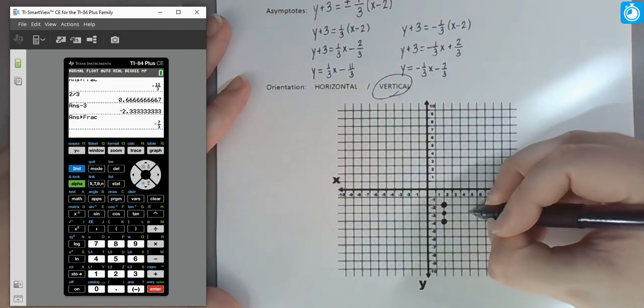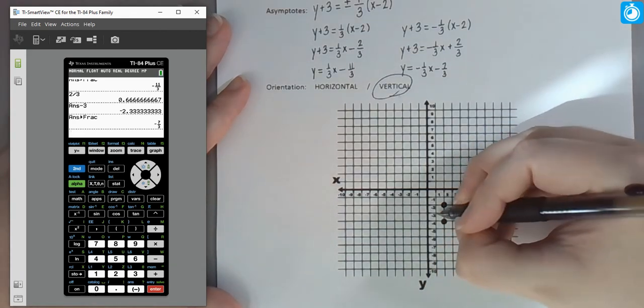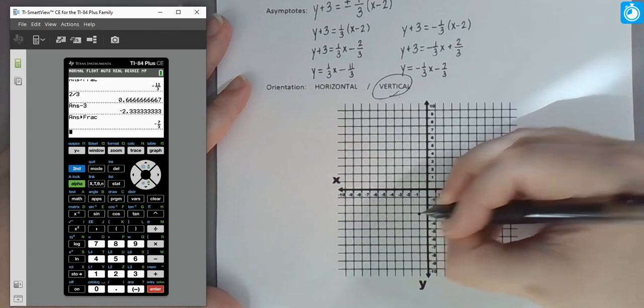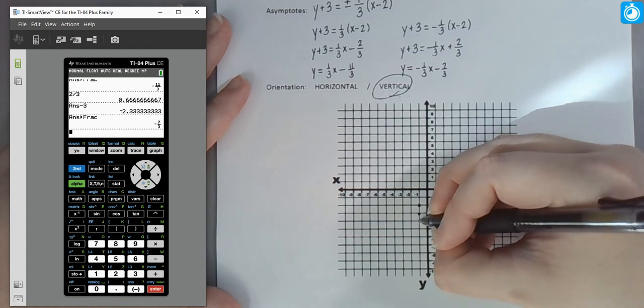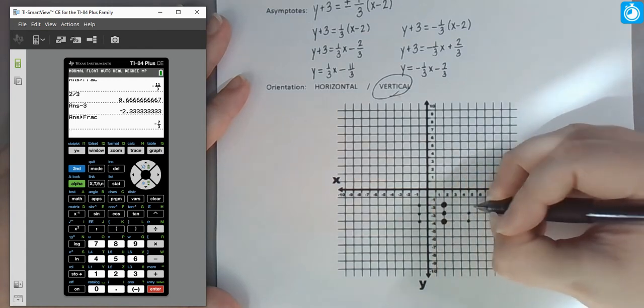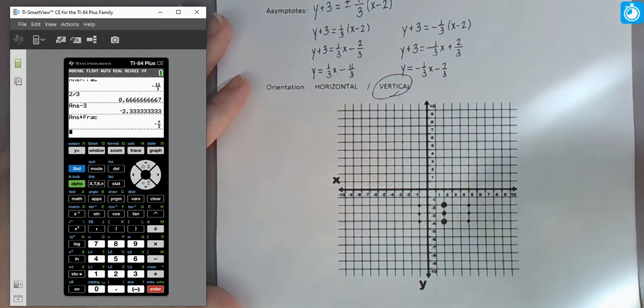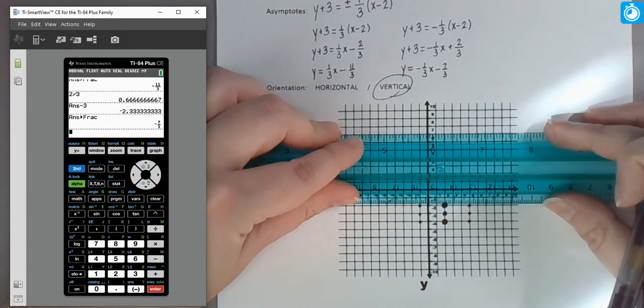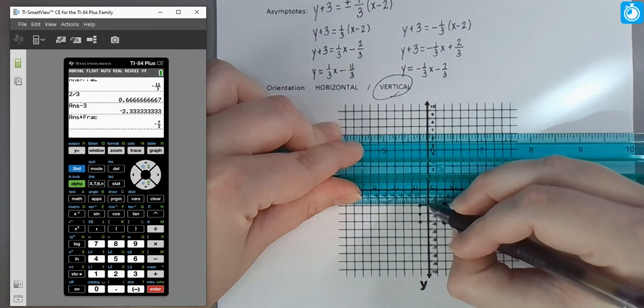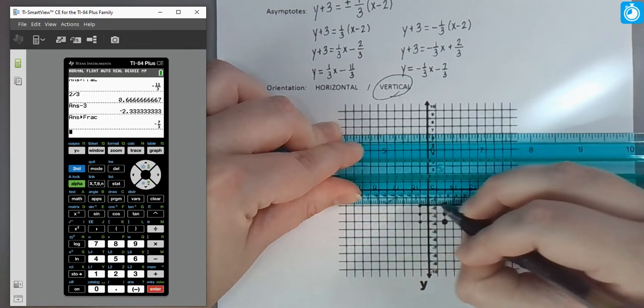So 3 units to the right, and then 1, 2, 3 units to the left, which means our actual corners are going to be like that. So from there we can draw our box, and that is going to give us what we need to graph our asymptotes.